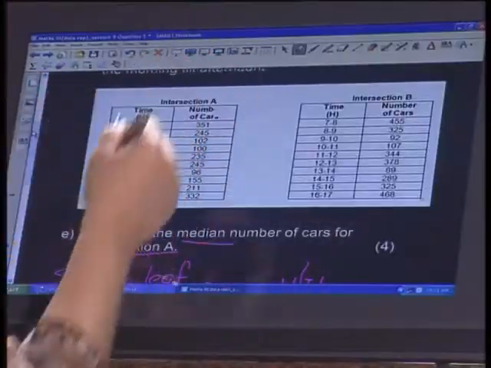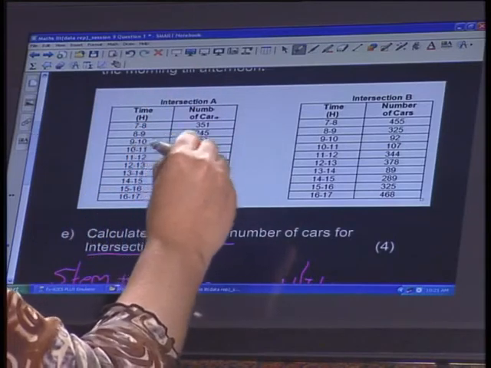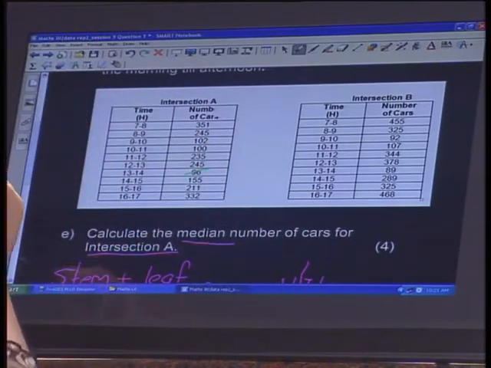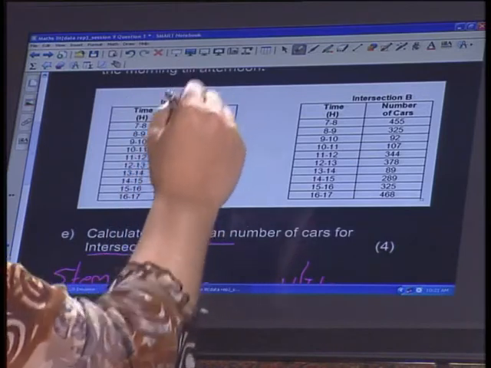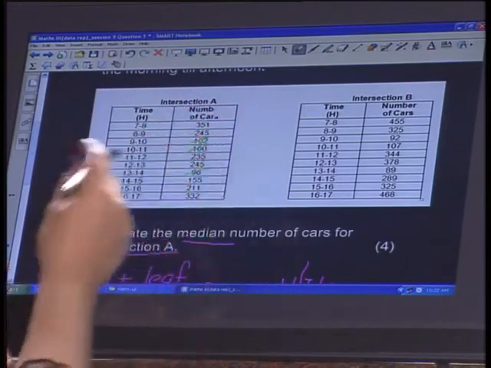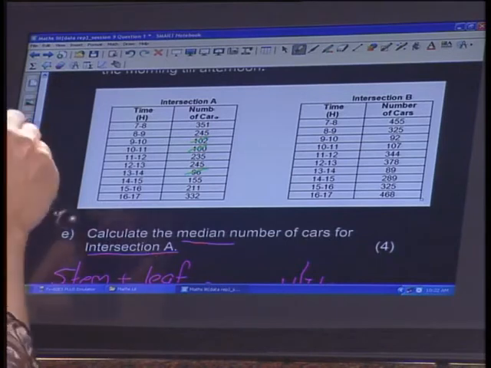One of the things I want to just point out to you now is, let's assume you did this by inspection, and you looked through the numbers and you said, well, okay, my lowest was 96, cross it out, write it in, then my next number was 100, then 102, and let's say you left out a number.